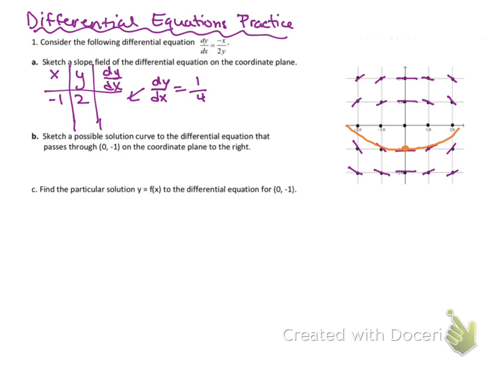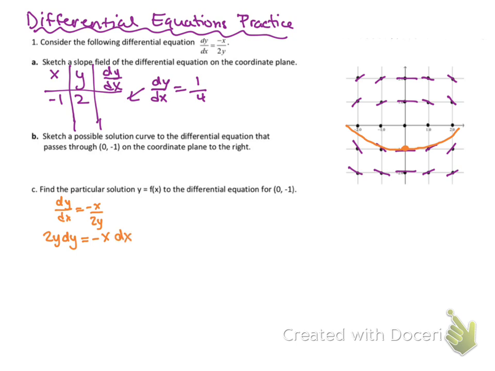So for part C, I asked you to find the particular solution to the differential equation for 0, -1. And we are going to take that differential equation right there, and we're going to do what's called separation of variables. So I'm going to start by moving over the 2y to the left side with the dy, and I'm going to move over the dx to the right side with the -x.